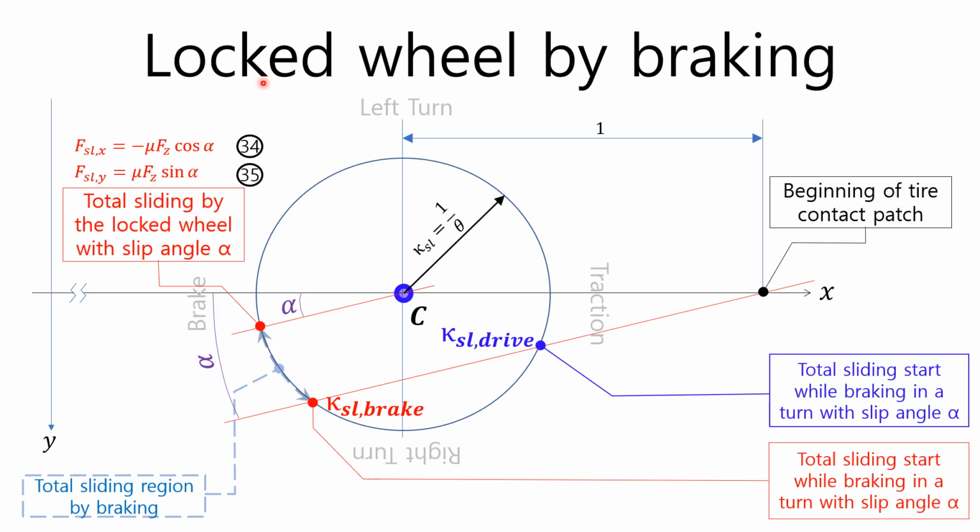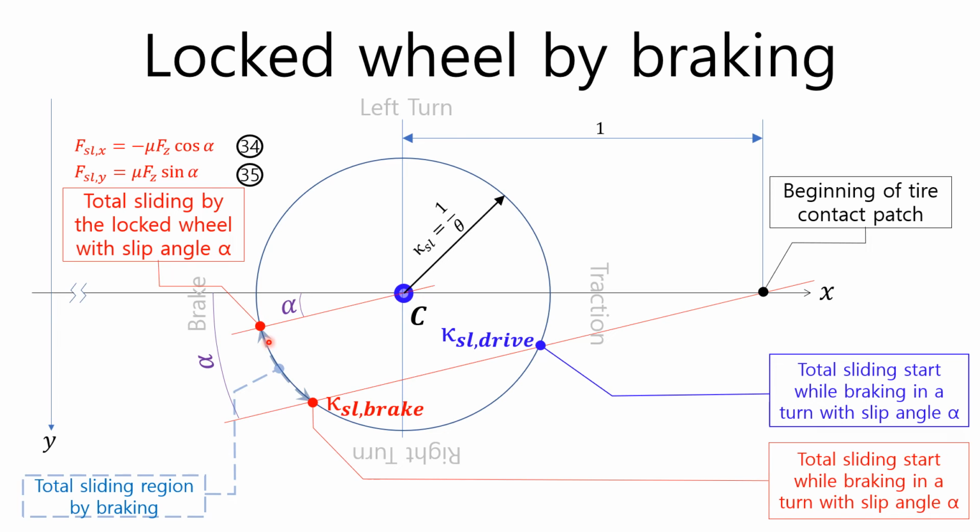Let's think about the locked wheel by braking. If you draw a line based on the side slip angle alpha at point C, there is a point where it meets the combined slip circle, and this point indicates a state in which total sliding occurs when the wheel is locked in braking.